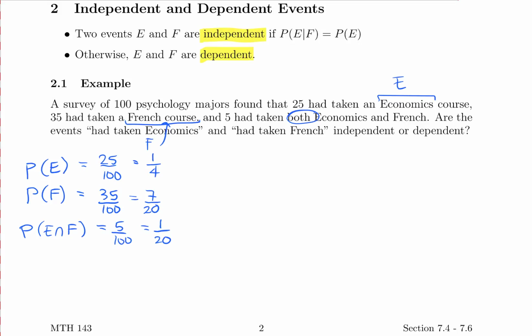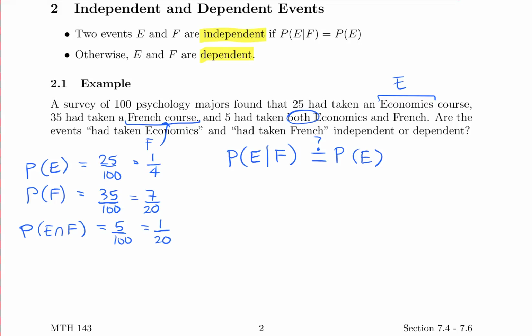So you can check the probability of E given F, or you can check the probability of F given E. It doesn't matter which order you look at this. So I'm going to look at the probability of economics given that a student took a French class. And the question is, is this equal to the probability of taking an economics class? If the two are equal, then these pairs of events would be independent. If the two are not equal, then they are dependent.